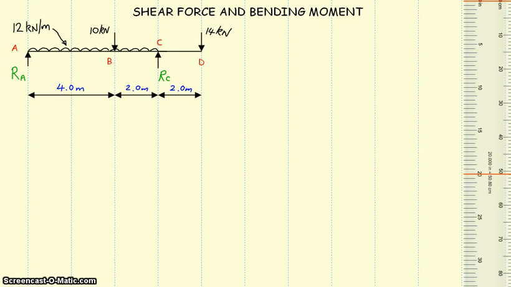So, as I said, we will have to use the sum of the moments equals 0 to calculate our reactions.